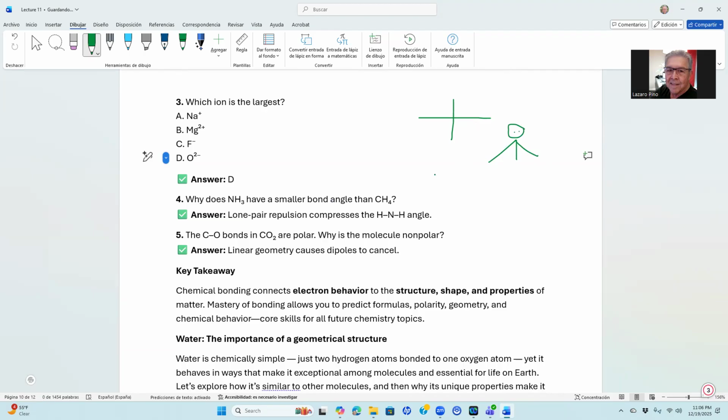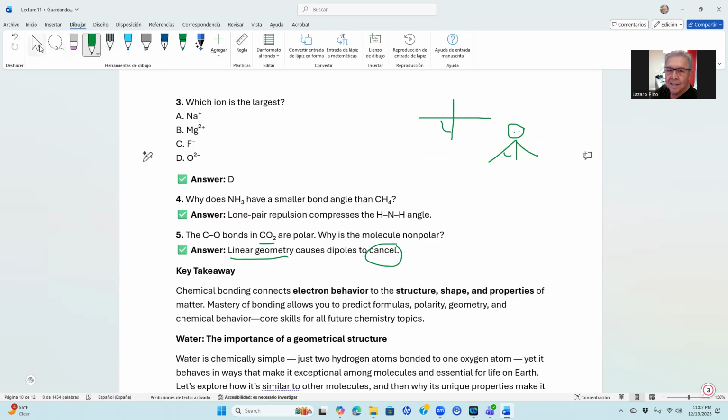All right? Then the bond angle here is smaller than here. And here you have more questions. In the case of carbon dioxide, you know the molecule is not polar because of the linear geometry and the dipoles are canceled.